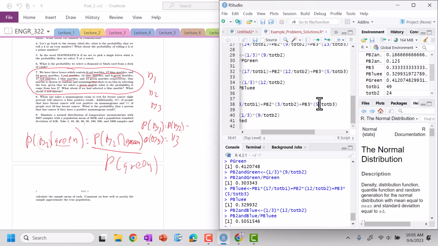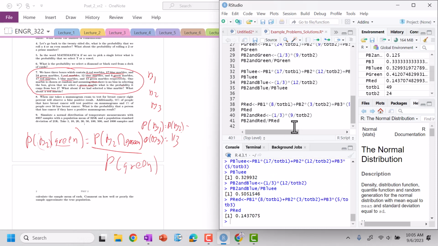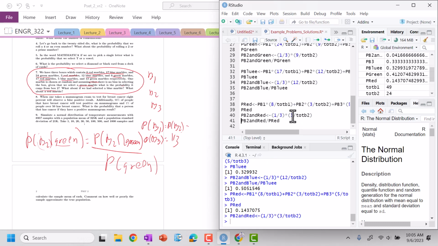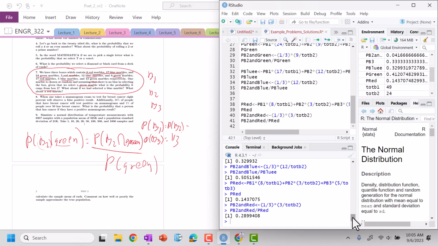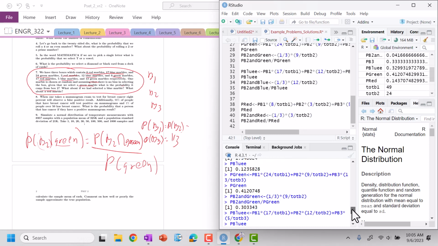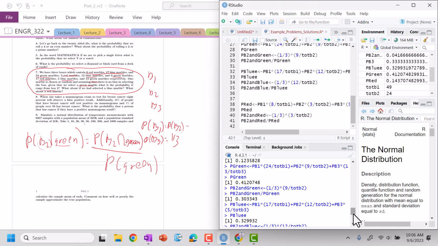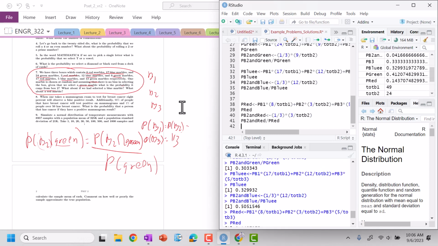So this should be the lowest probability. We need to switch this from 9 to 3 now. And there we go. That does make sense that that should be the lowest probability, just by a smidge. Fantastic.